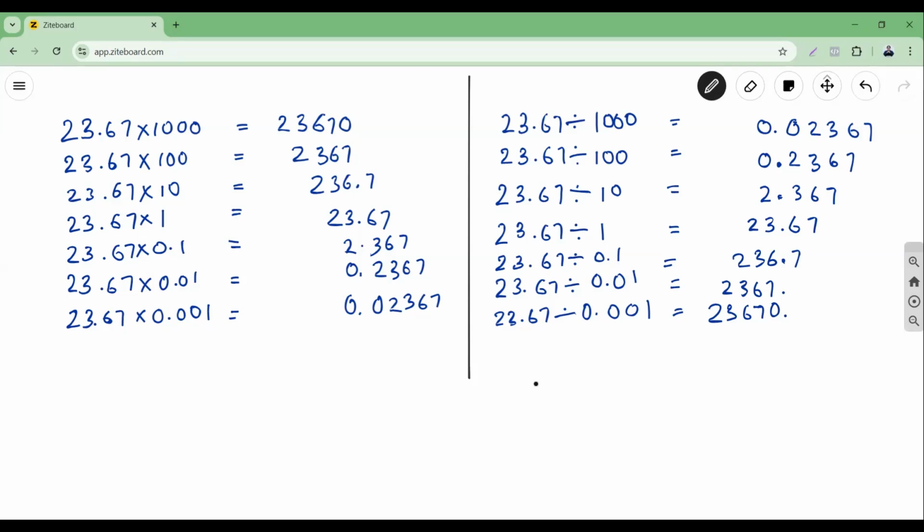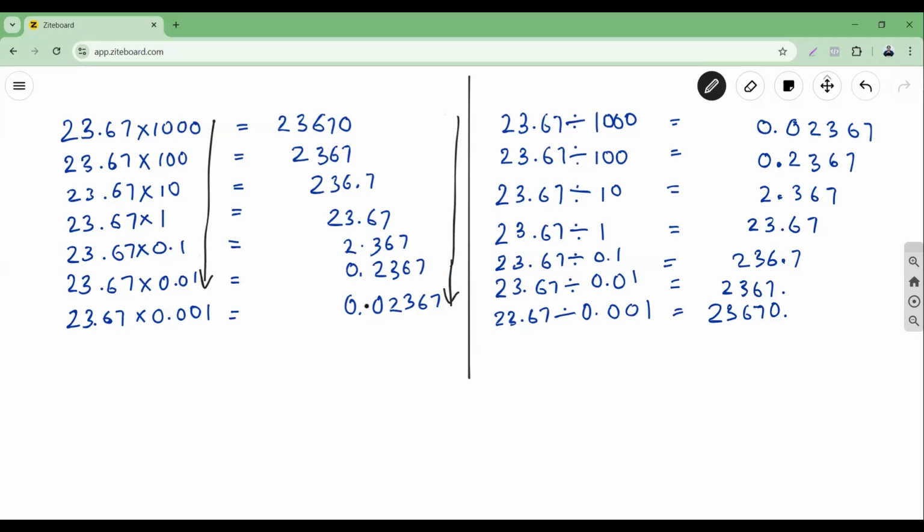Let's see what pattern we can come up with. As you see here, the number of zeros, the number of decimal places, it's getting multiplied by a lesser value, and the answer is also reducing, becoming lesser, correct?